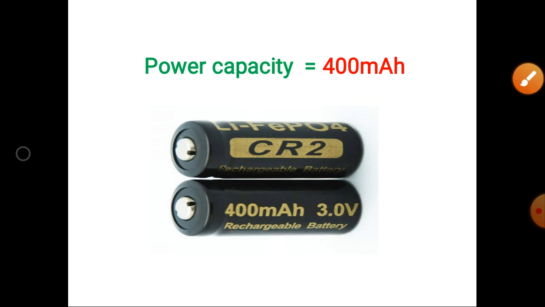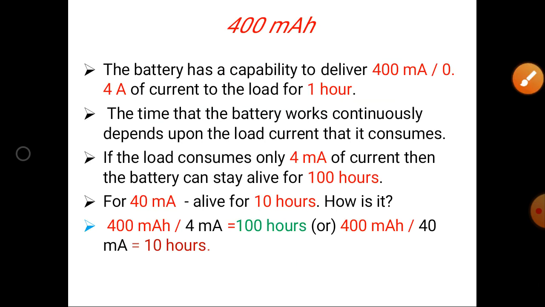So what is the meaning of this one? What is 400 milliampere hour? Normally the battery has the capacity to deliver 400 milliampere for 1 hour, right? So the 400 milliampere hour represents per hour. For 1 hour that battery gives a current value of 400 milliampere, otherwise 0.4 amps.